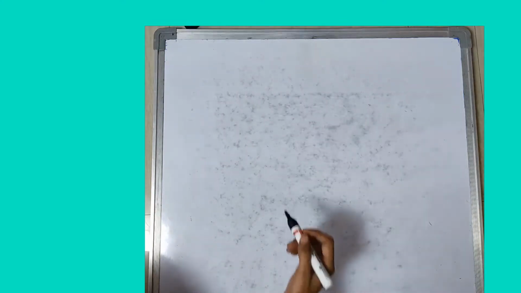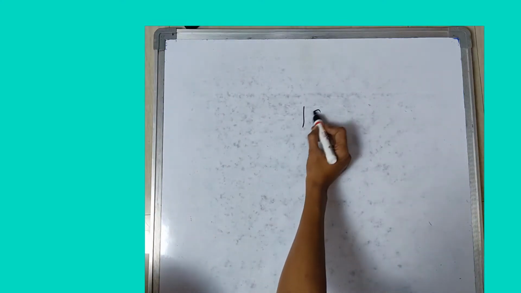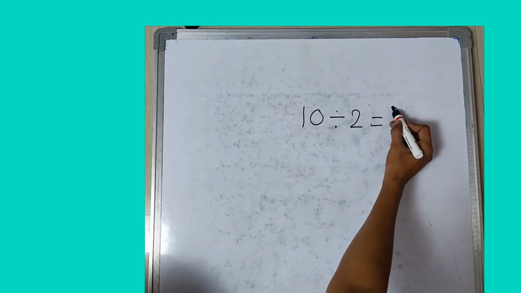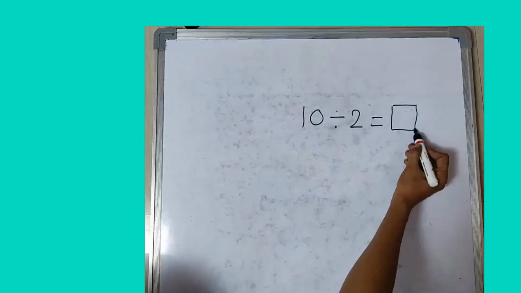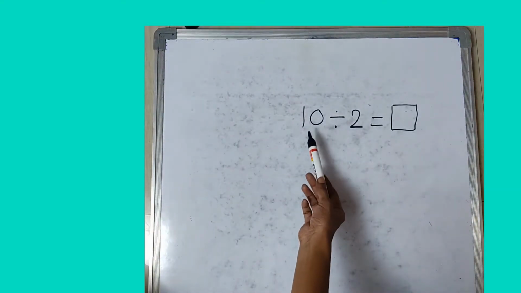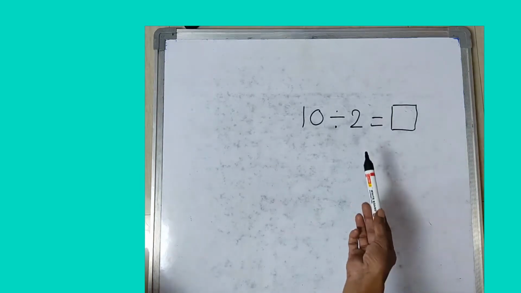For example, 10 divided by 2 is equal to how much? Here we have to divide 10 into equal groups of 2.